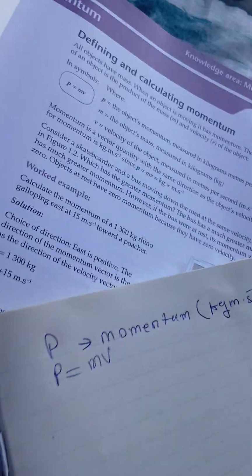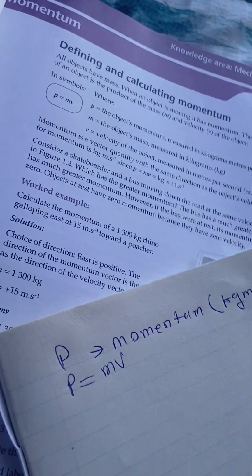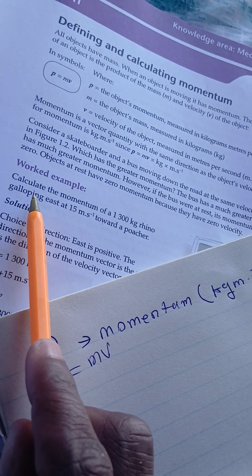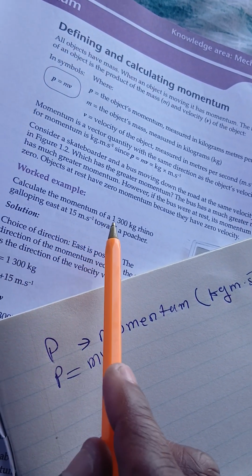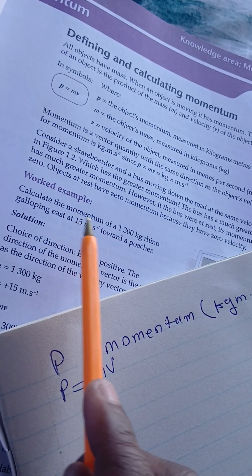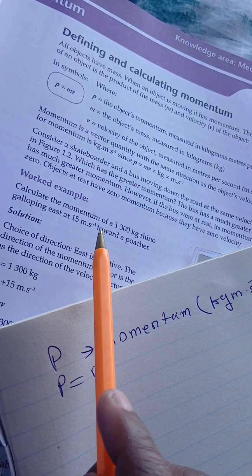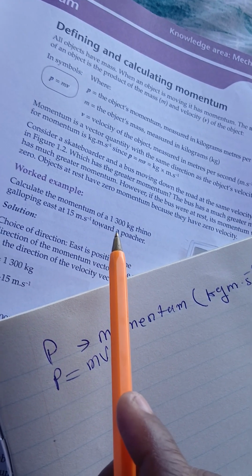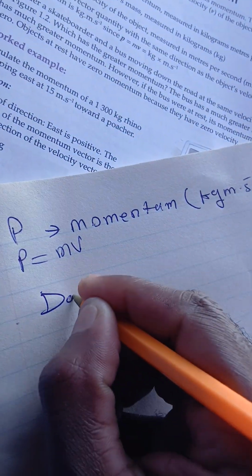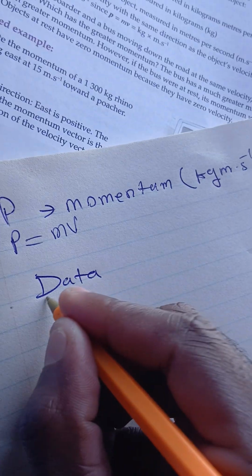Let's try to solve this problem. Here they say: calculate the momentum of a 1300 kg rhino galloping east at 15 meters per second toward a poacher. I did tell you that you must start by writing the data.